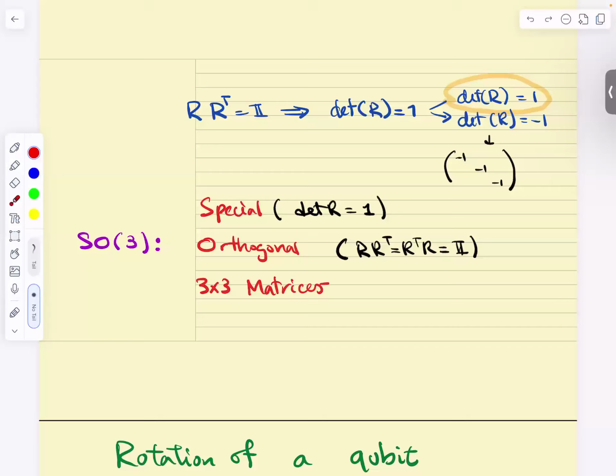Take a determinant of both sides. This is one. This is determinant of R transpose times determinant of R. Determinant of R transpose is determinant of R, so determinant of R squared is 1. So there are two choices. Either +1 or -1. Good?